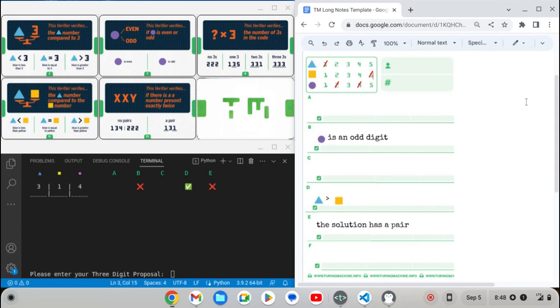Oh, yeah, I guess maybe I misspoke earlier, but between triangle and circle, the only things that they have in common are 3 and 5. So yeah, it's circle that's going to be matched up. So they're going to be two odds. So it's either going to be 1s, 3s, or 5s.